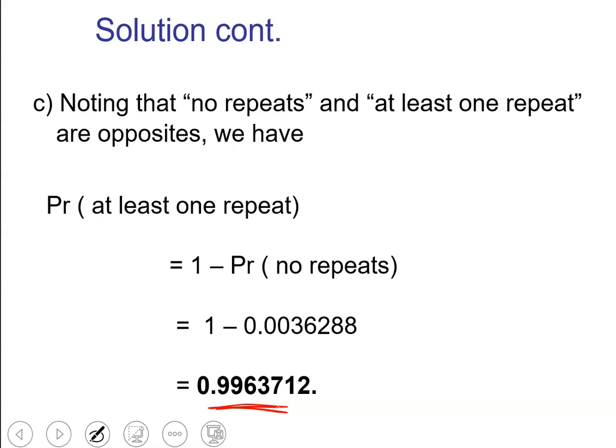Okay, and you're going to find that we use this opposite idea frequently. Sometimes it's a lot easier to find the opposite of it and then do 1 minus, because all your probabilities, the opposite of your probability should add up to, again, 1 or 100%.